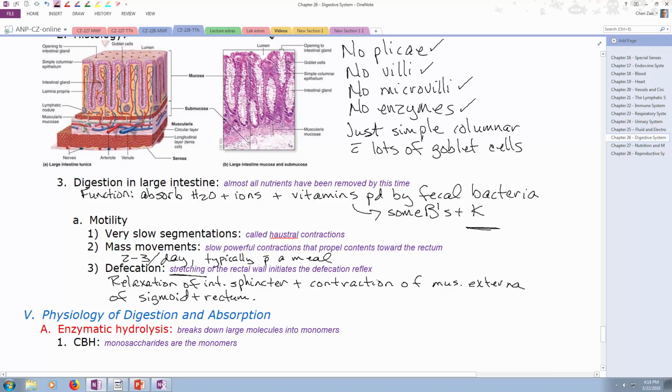And you have to voluntarily relax the external sphincter in order for this reflex to finish its process.